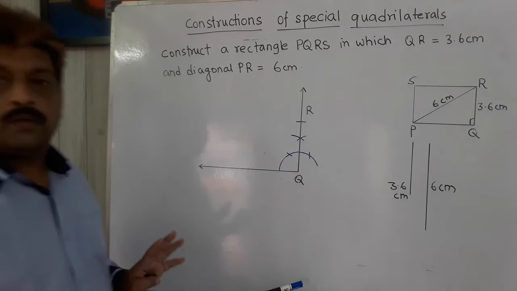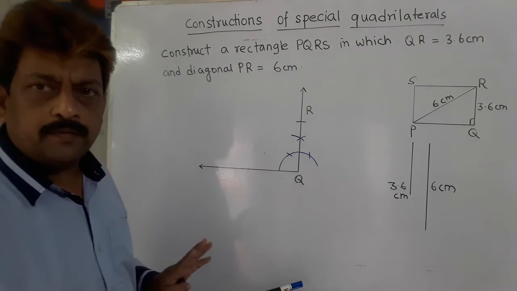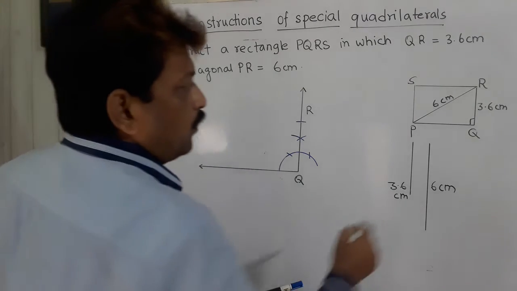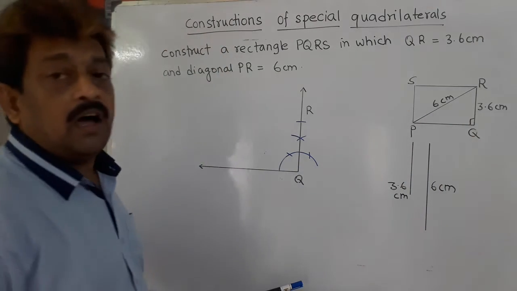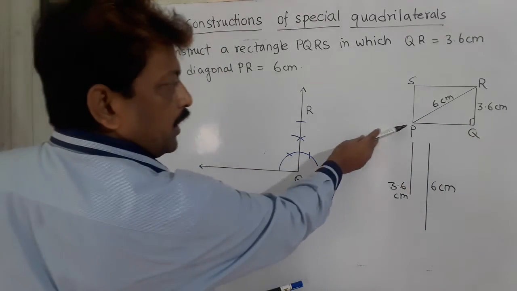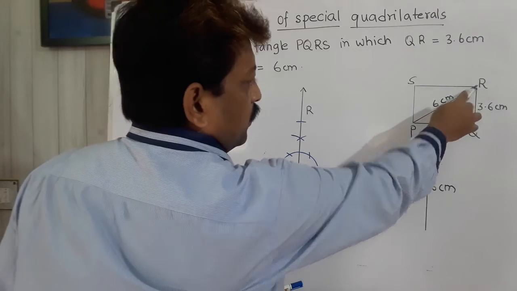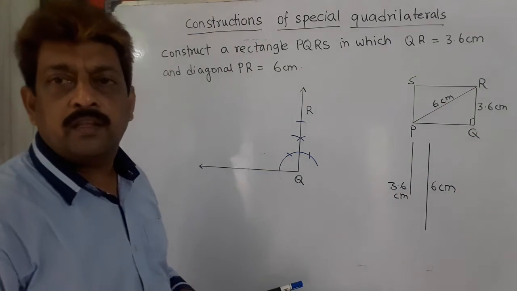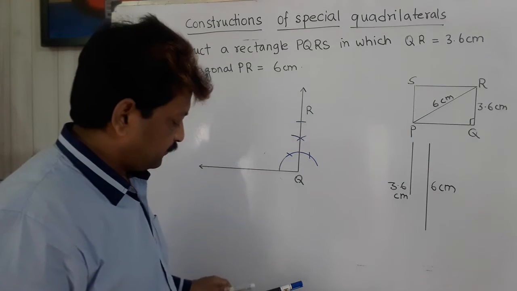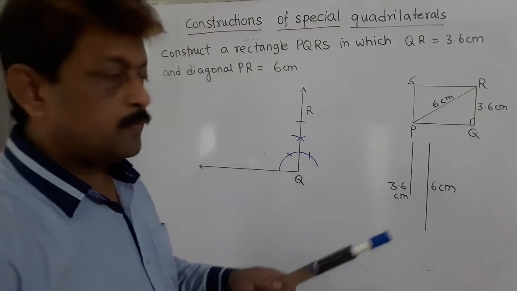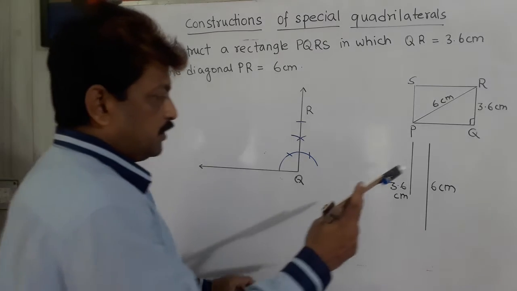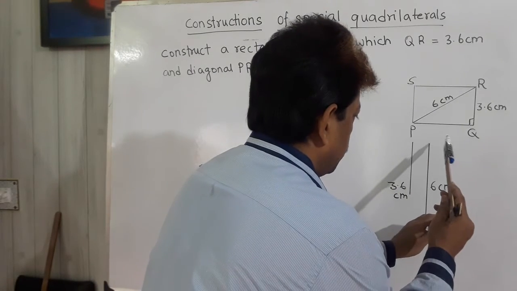Okay. So up to this is okay. Now I have to draw the diagonal PR. Though I don't know where is P, but I know that PR has length 6 centimeter. So let me take 6 centimeter from here.